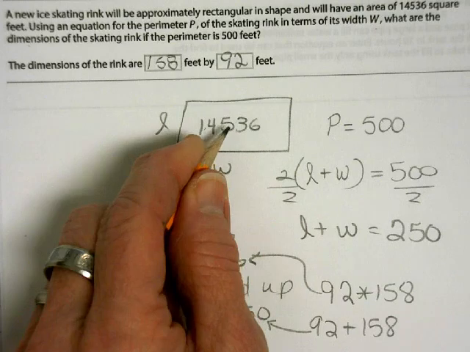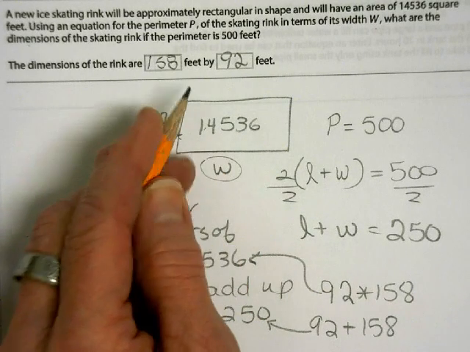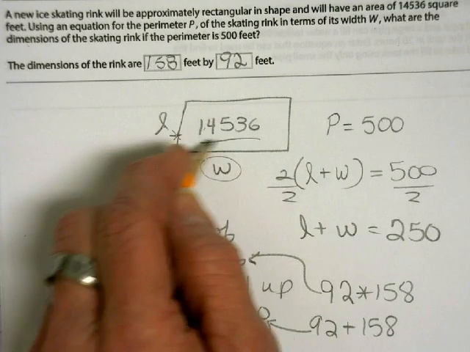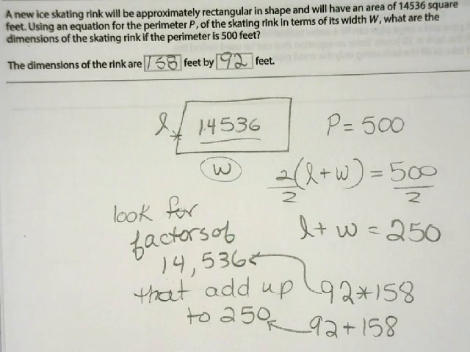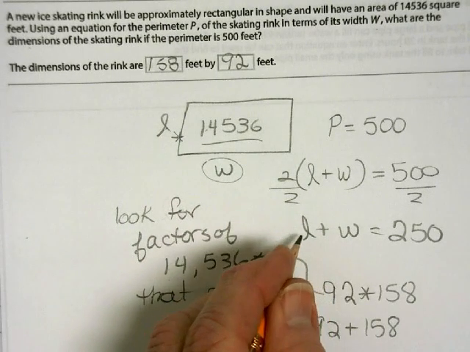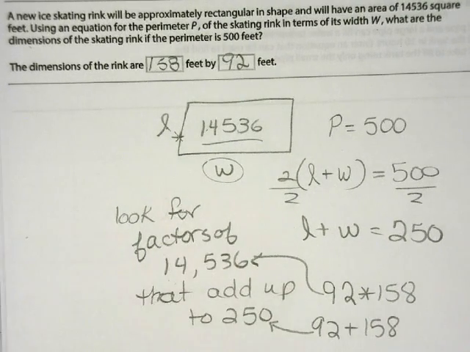then you'd have a rational expression. Since 14,536 is length times width, then the length is 14,536 divided by W. That's where the rational expression would come in, but you don't have to do that, which is nice.